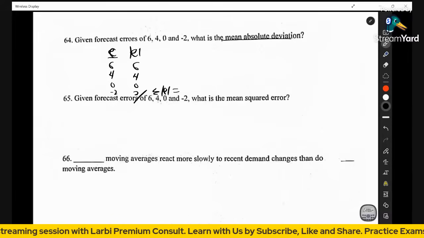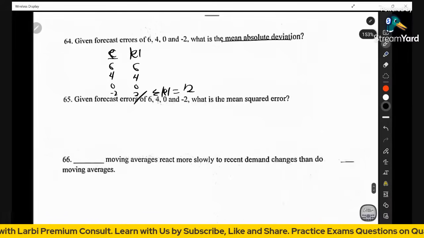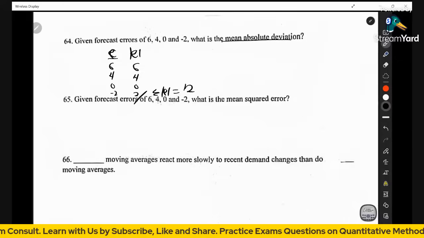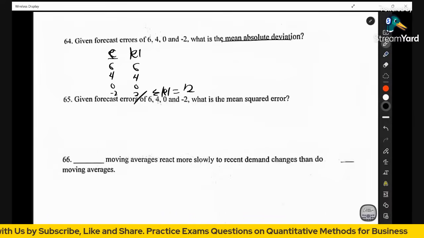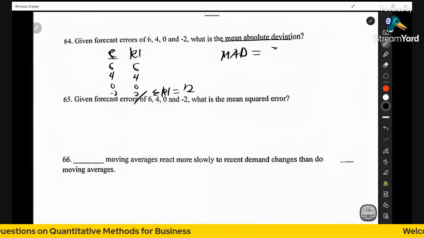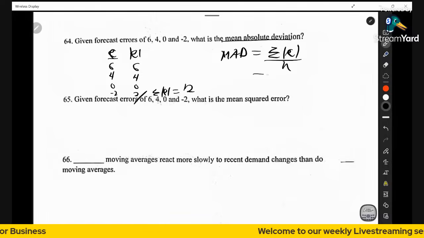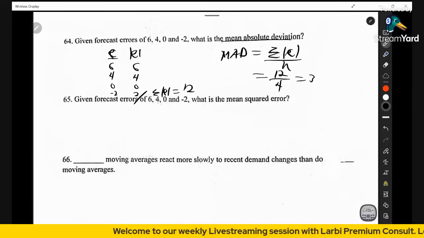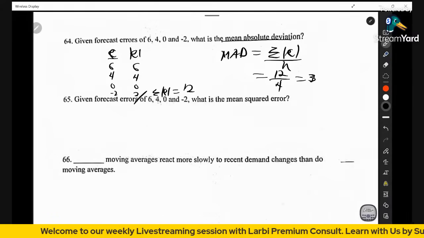So therefore, our mean absolute deviation should be equal to the summation of the absolute values divided by N. So we have 12 divided by 4, and we are getting 3 as being our mean absolute deviation.